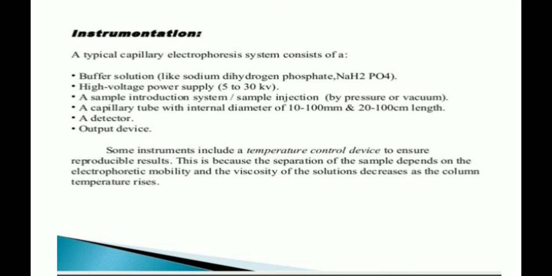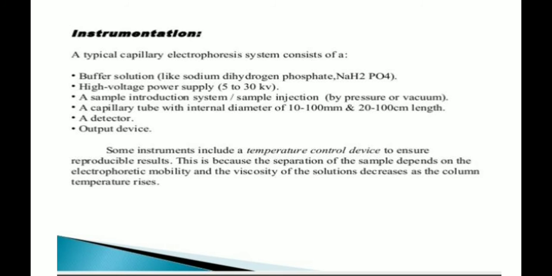Okay, then some instruments include a temperature control device, to ensure reproducible results. This is because the separation of sample depends on the electrophoretic mobility and also the viscosity of the solution. The viscosity decreases as the column temperature rises, so that's why you need a temperature control device.